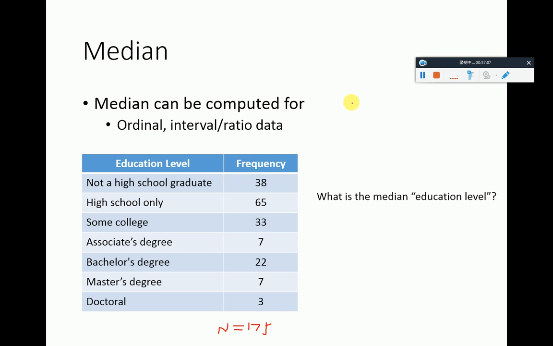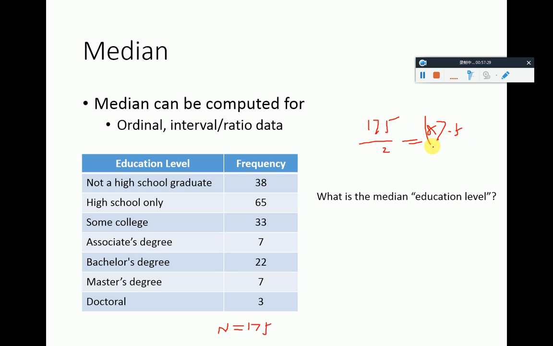And we just said median is the value that divides the sample into two halves. So we're going to ask, okay, what is the half value for 175? So 175 divided by 2. What is that? It is 87.5. Okay?